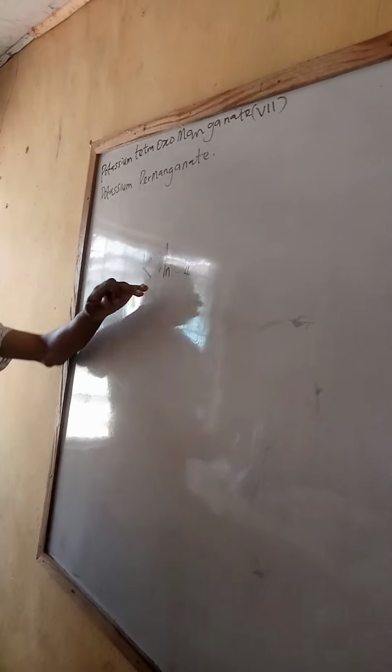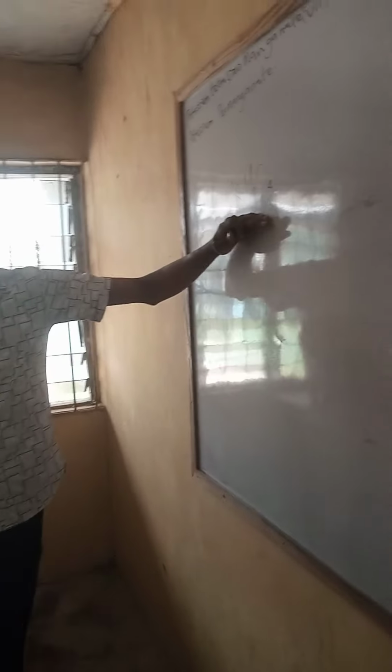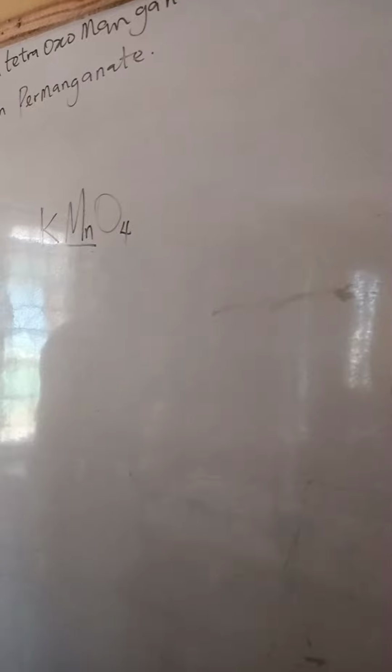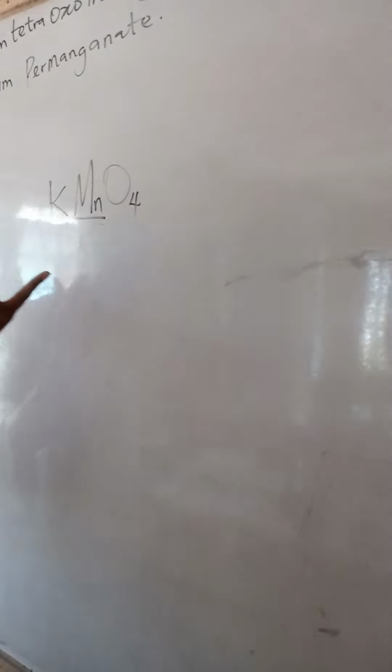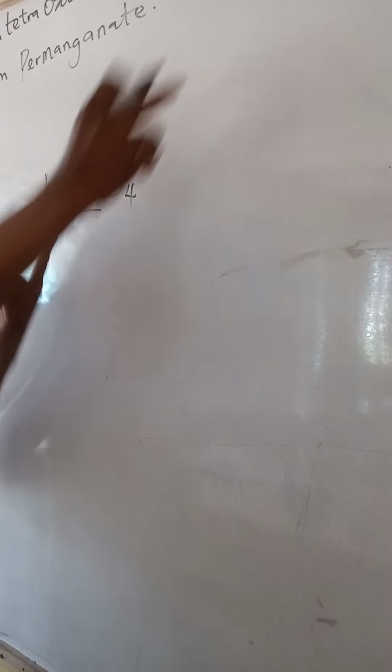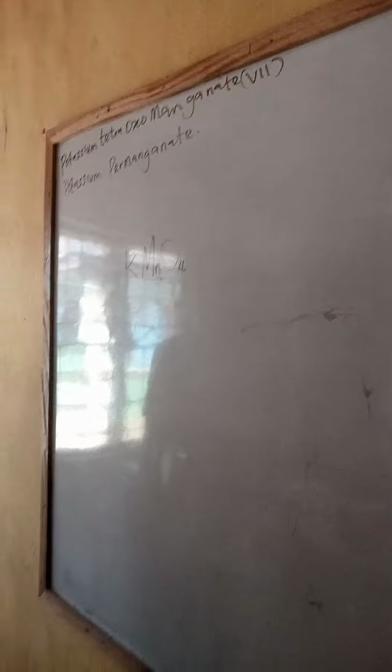Then if you want to confirm if this answer is correct, you calculate the oxidation number for manganese. And if you calculate the oxidation number, it must give you 7. I told you yesterday now. So let's calculate that now. What's the oxidation number for potassium?